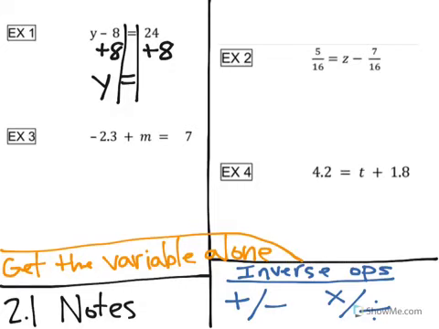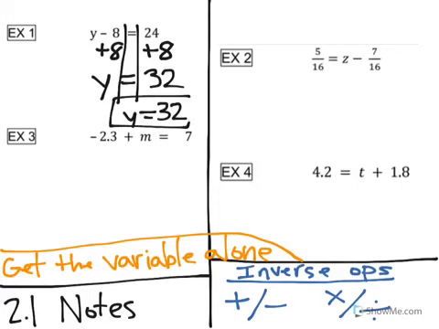So y minus 8 plus 8 is y. Then on the other side, 24 plus 8 is going to give me 32. And I just drew that wall so that you would make sure to do the same thing to each side, and we got y equals 32.